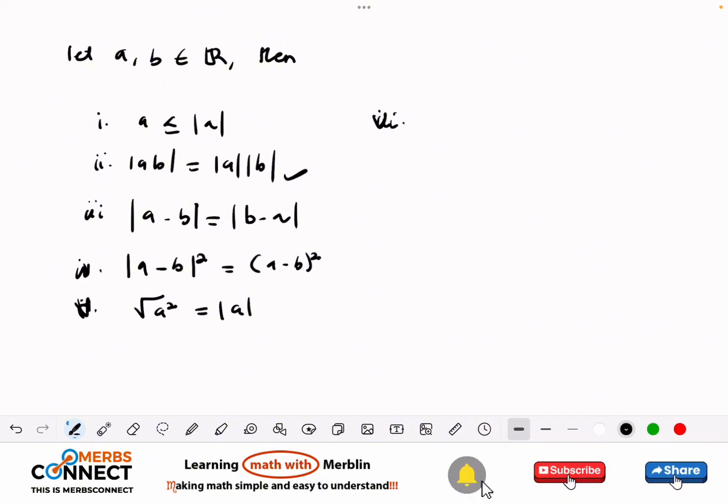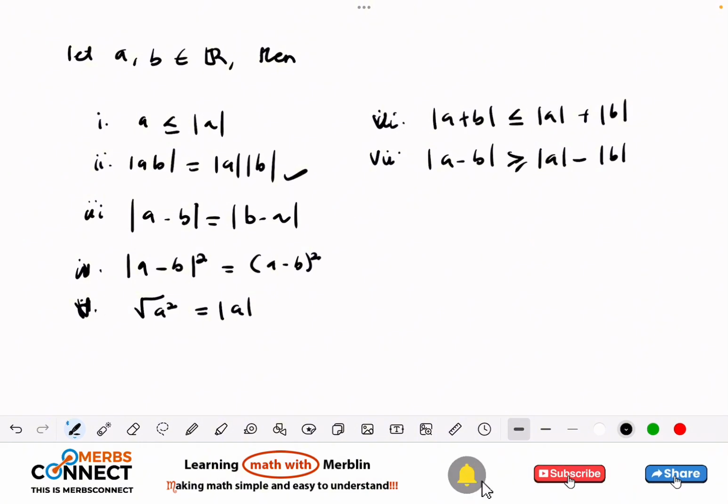So absolute of a plus b is less than or equal to absolute of a plus absolute of b. So this is the triangle inequality. Then we can talk about absolute of a minus b, and we can say that this is greater than or equal to absolute of a minus absolute of b.